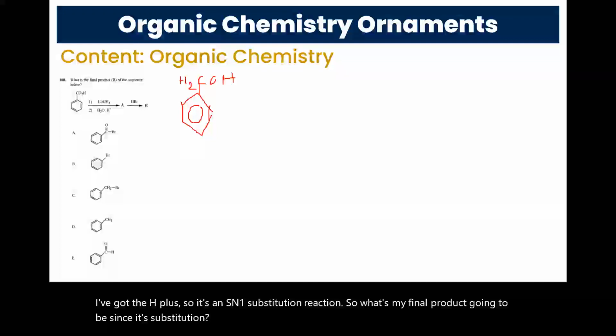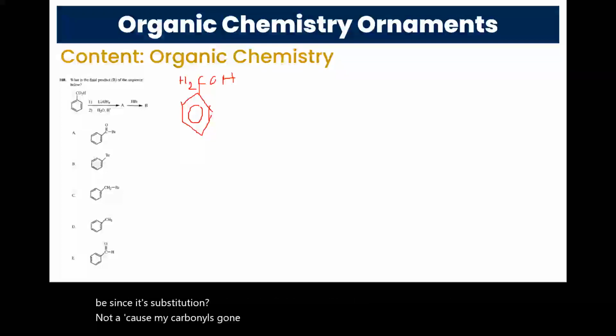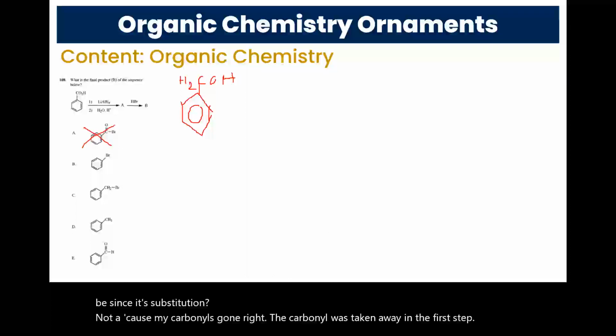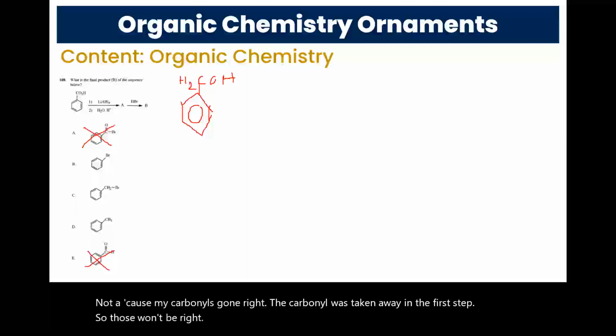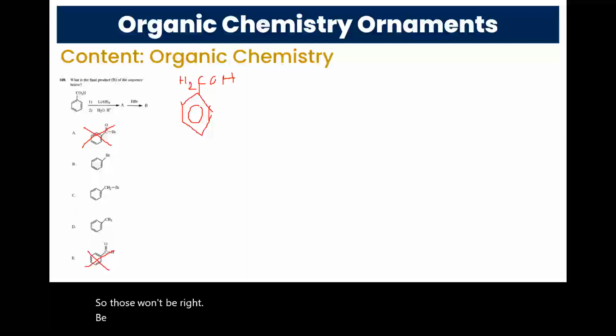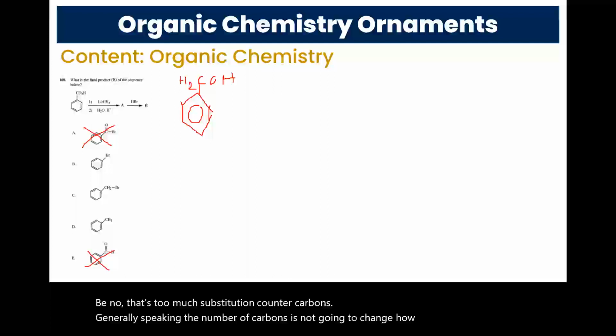Not A, because my carbonyl's gone, right? The carbonyl was taken away in the first step. So those won't be right. B, nope, that's too much substitution. Count your carbons. Generally speaking, the number of carbons is not going to change. How many carbons are in B?